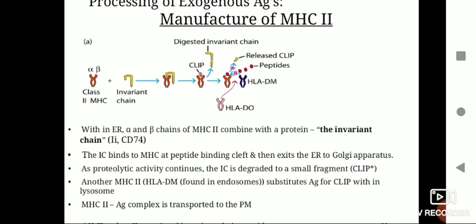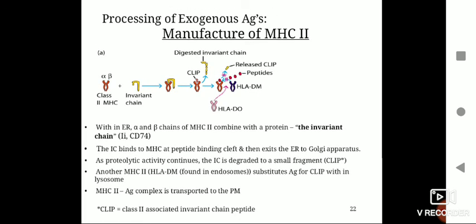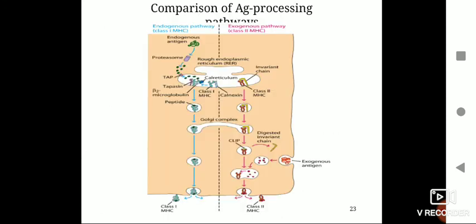This MHC class 2 antigen complex is then transported to the plasma membrane, where it is expressed on the surface, and now it is ready to activate T helper cells. So this is how the expression takes place.